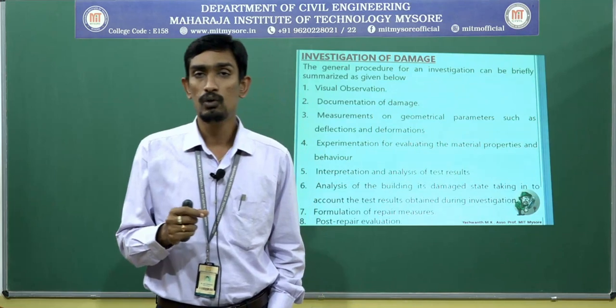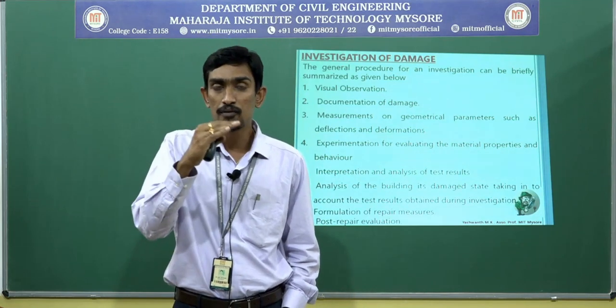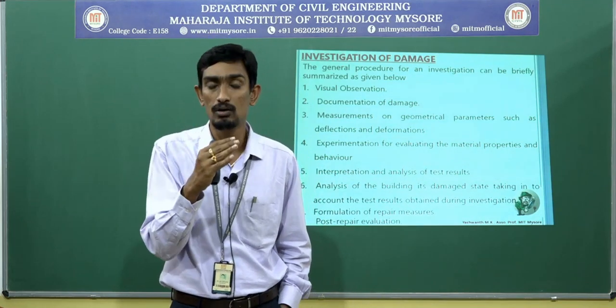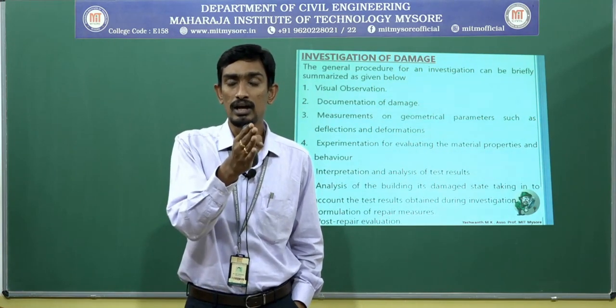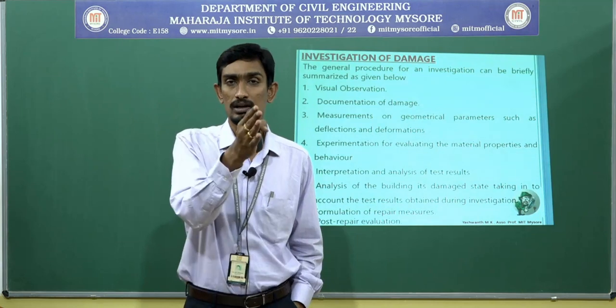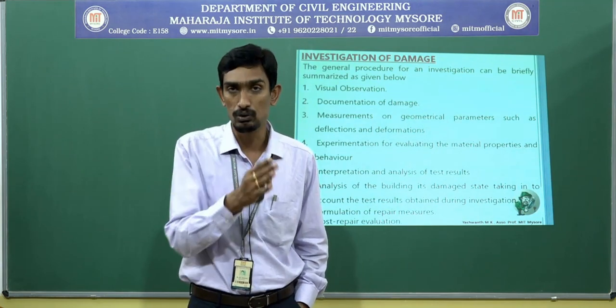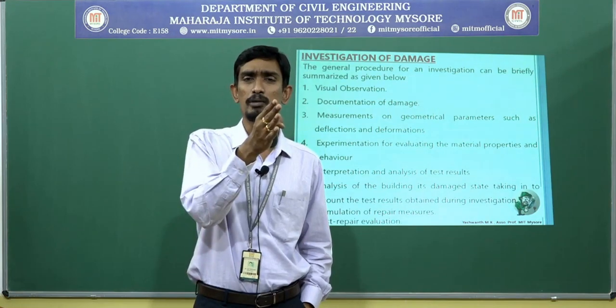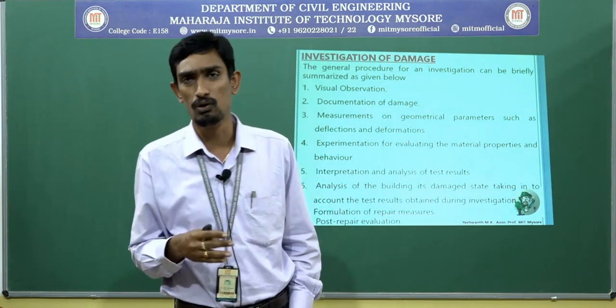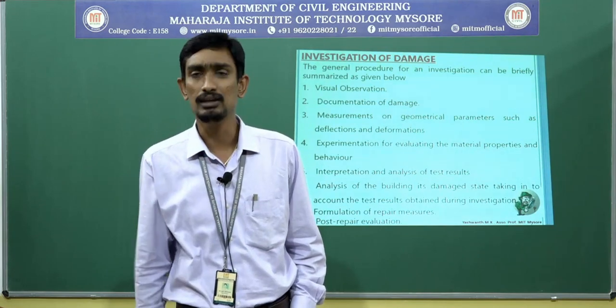For example, when you look at the building from floor to floor, observe whether the column running from the ground floor is on the plumb line in the upper floors also. In the majority of cases, the ground floor column will not be on the plumb line in the first floor. There will be slight eccentricity.